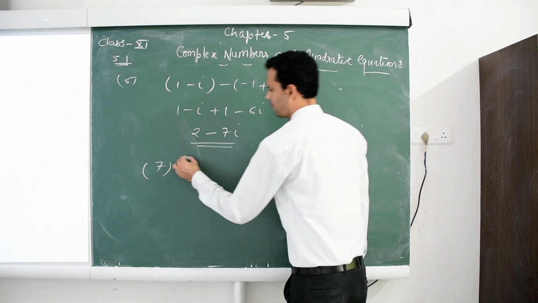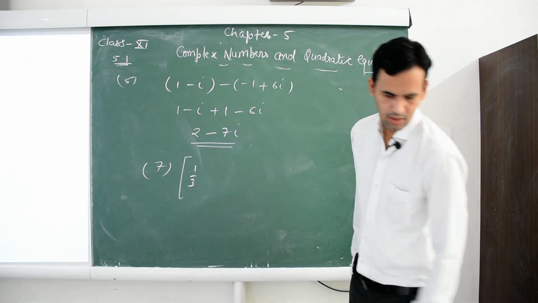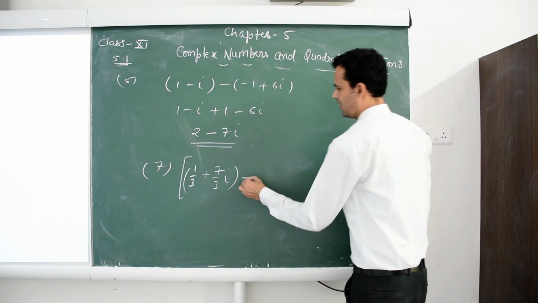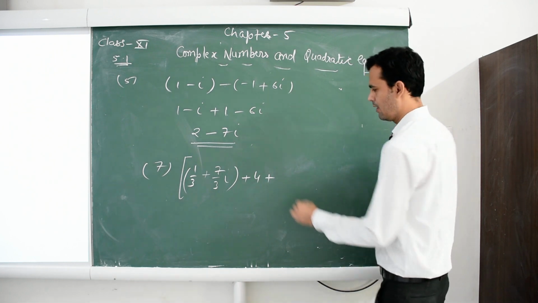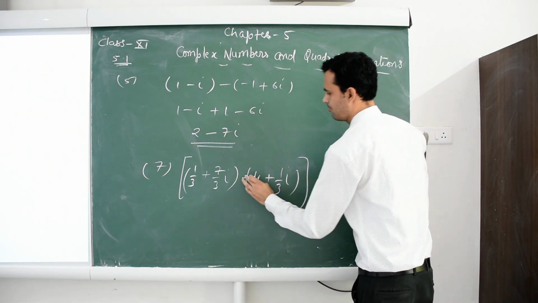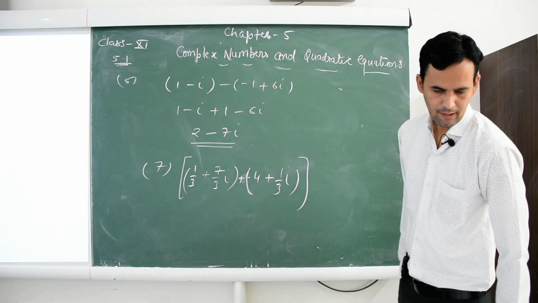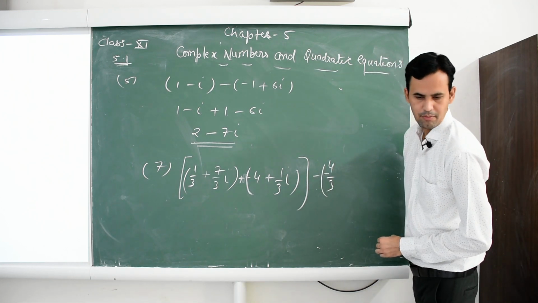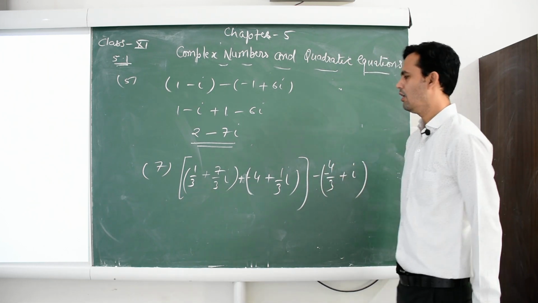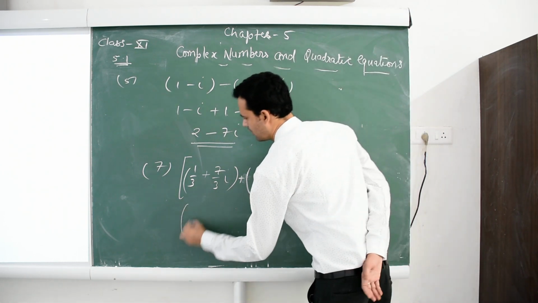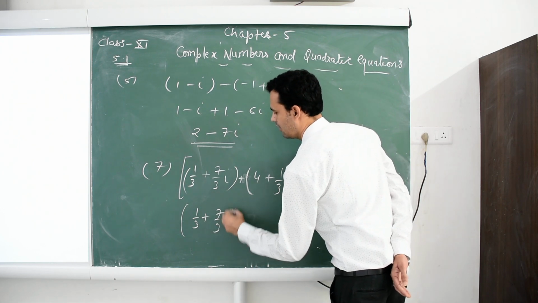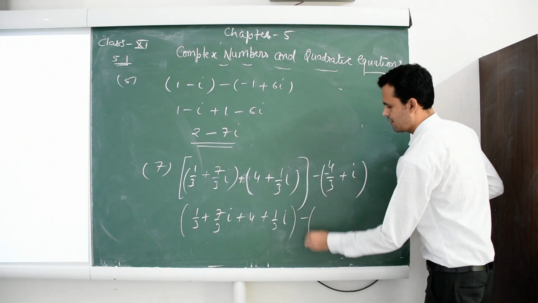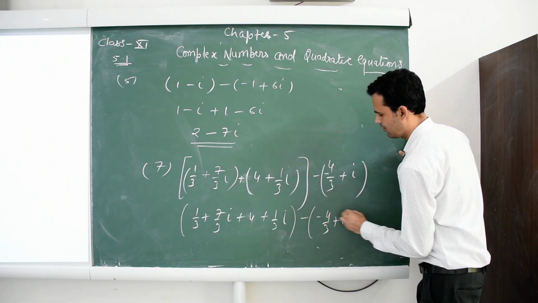Next question, question number 7: 1 by 3 plus 7 by 3i plus 4 plus 1 by 3i, minus 4 by 3 plus I. First we remove the brackets.